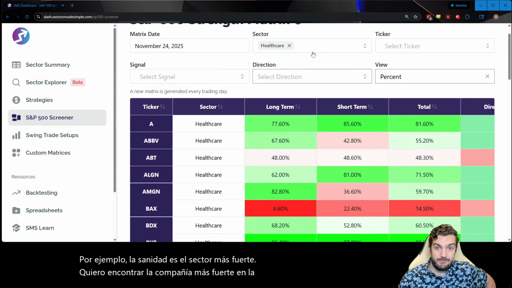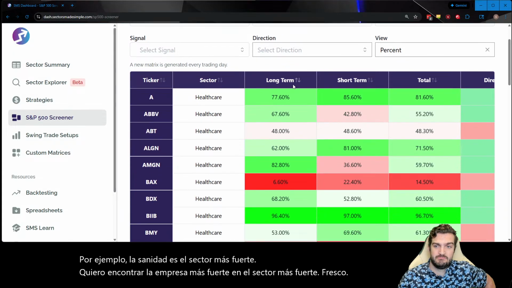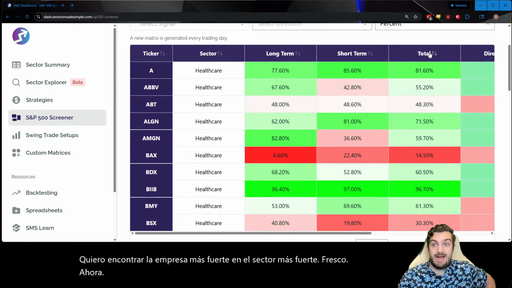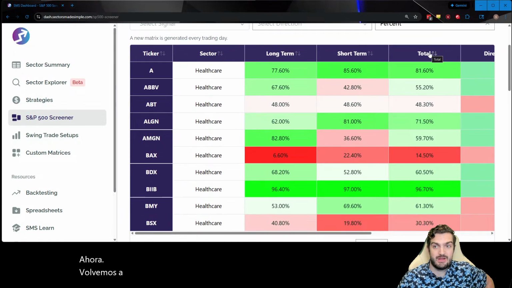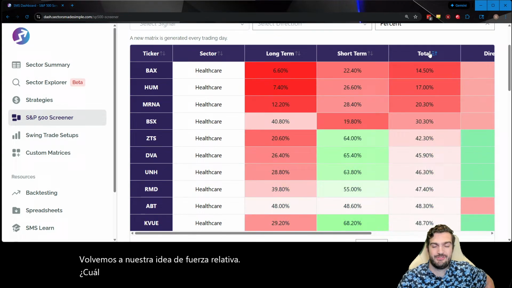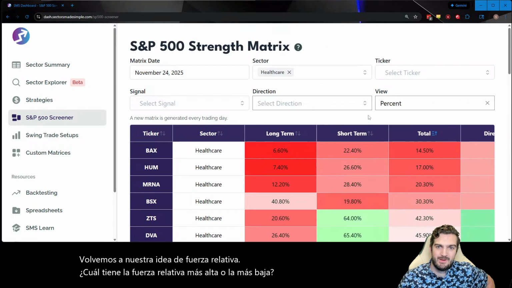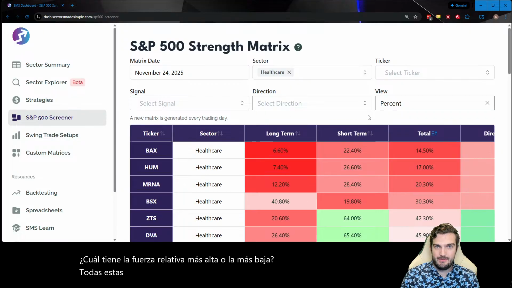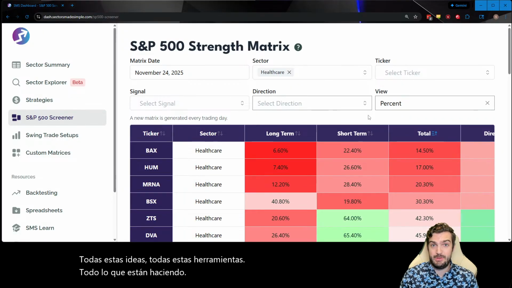Cool. Filter by sector. Now, we're back to our idea of relative strength. Which one has the highest or the lowest relative strength? All of these ideas, all of these tools, all they're doing is using these three building blocks in slightly different ways.